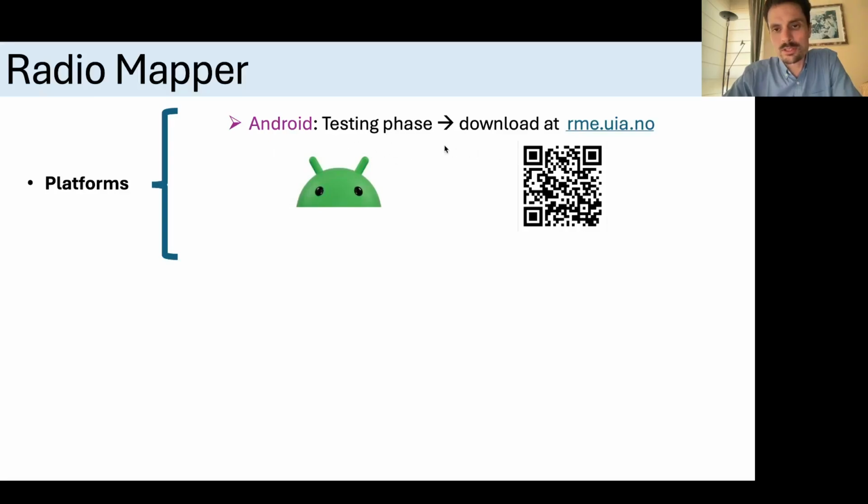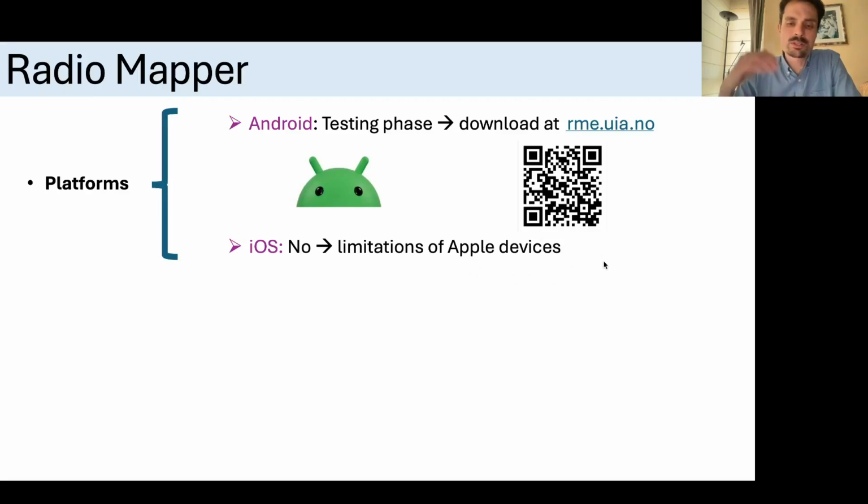For downloading it, please visit this URL here. It's not possible to develop such an app for iOS as far as we know, because of limitations of Apple devices, which do not provide the kind of information that is necessary to collect measurements.